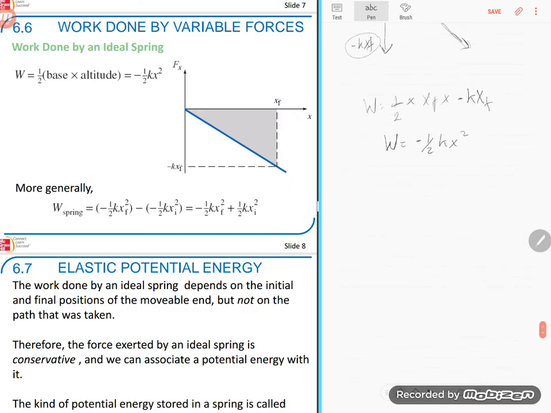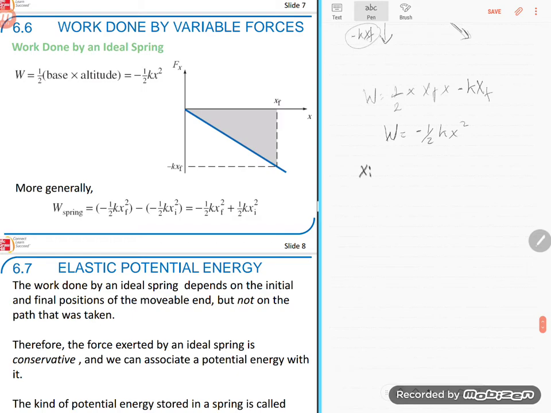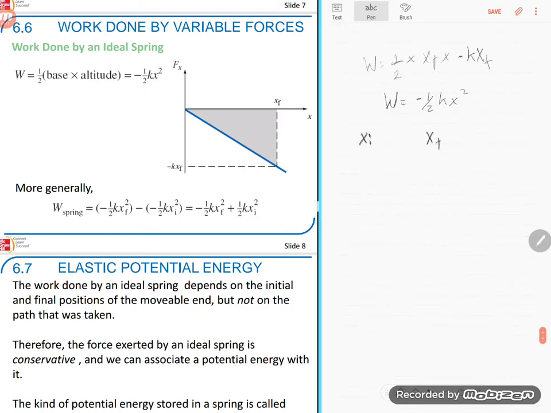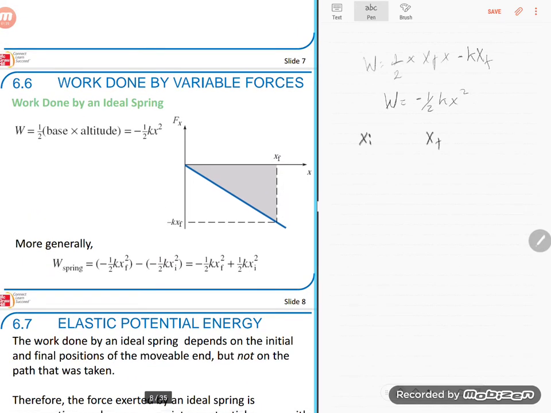So now let's think, if you have a starting point, like an initial extending, and you have a final extending. If you want to find work here, you will use a formula which is the last formula in this slide, in slide 8. So if you want to find the work, you have to subtract the final extension, which is x final square, from the initial kx square.